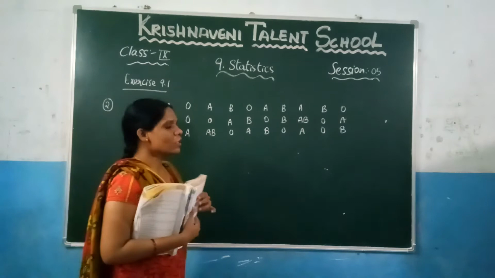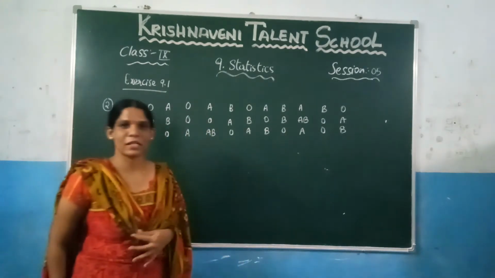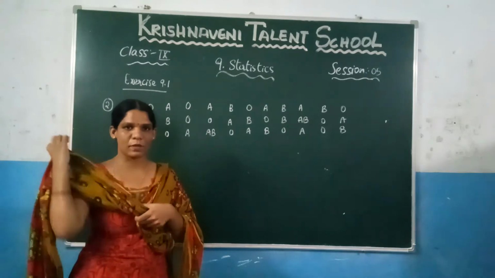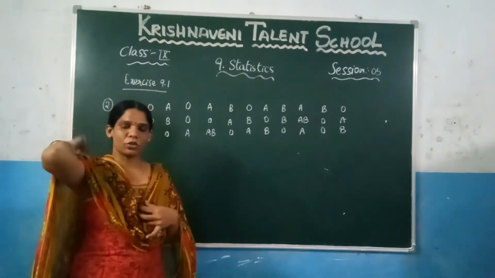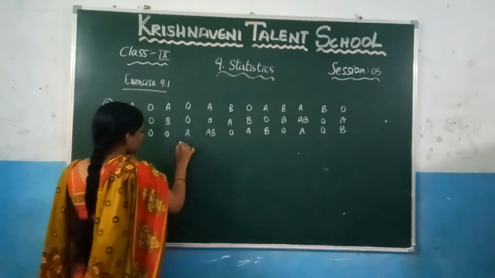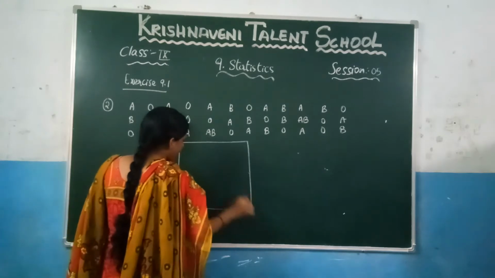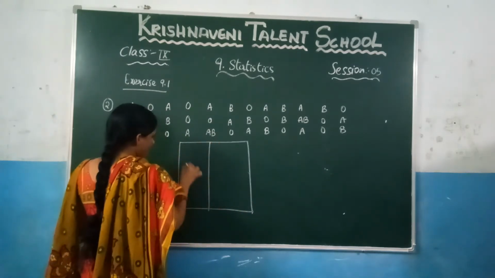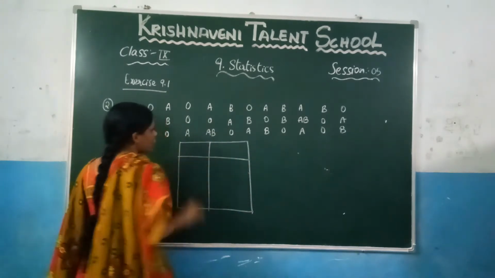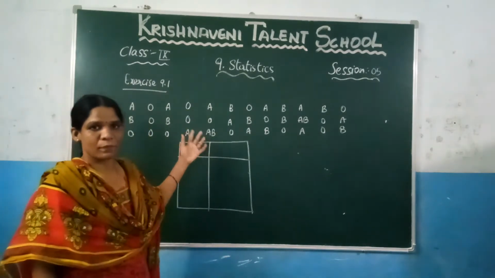Now you need to write this one in the form of the tabular form. So let us see how to write this one in the tabular form. So again you need to draw here the table. So let us draw here one table. So here what is the data they have given, which is nothing but the blood group, right?